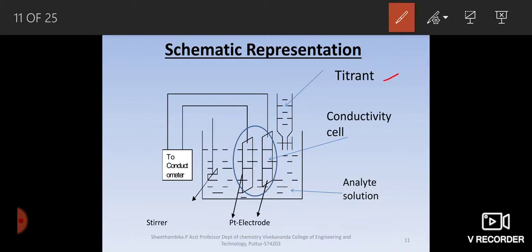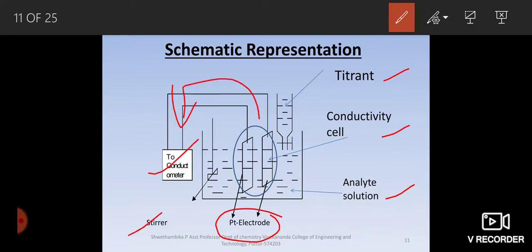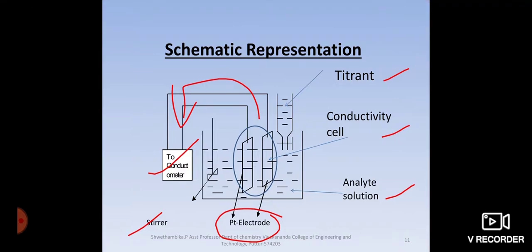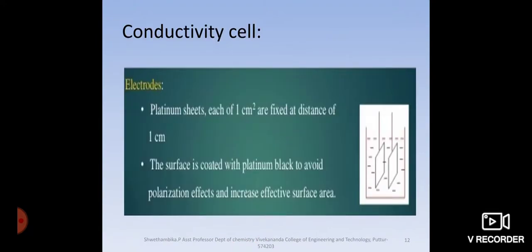Now here please see there is a titrant, that is in the burette you have to take the chemical titrant, and then this part is conductivity cell, that is important, which is made up of usually platinum electrodes, and in the beaker you take an analyte solution, that is the sample of analysis, and the conductivity cell must be connected to the conductivity meter, and of course we must have a stirrer in order to bring the uniformity in the stirring. You must explain the construction of the same in sentences as well.